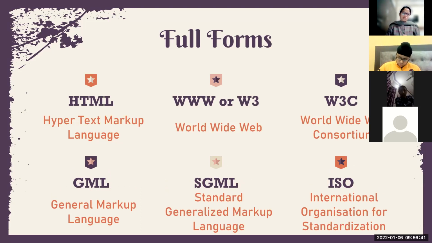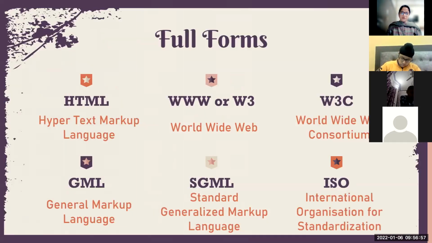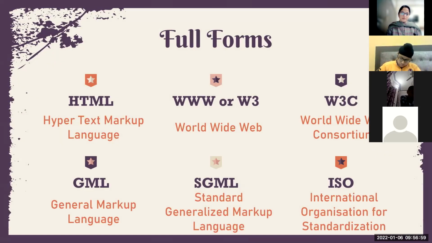Hypertext Markup Language, World Wide Web, World Wide Web Consortium, that is W3C. It is an international standard organization. GML, Generalized Markup Language. SGML, Standard Generalized Markup Language. And ISO, International Organization for Standardization.